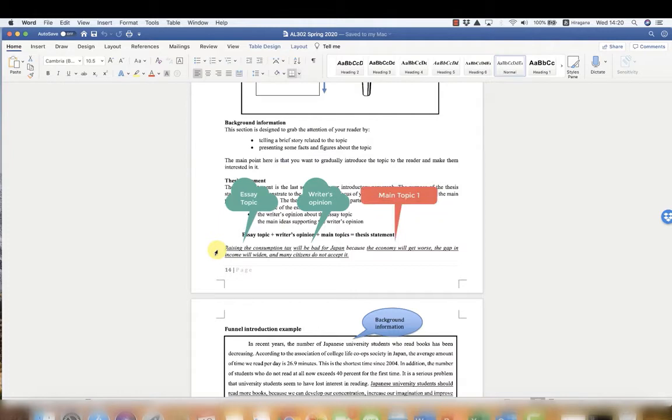And the main topics that will be talked about in the essay: number one, the economy will get worse. Number two, the gap in income will widen. And number three, many citizens do not accept it. So that's basically your thesis statement. And the thesis statement will be the most difficult part of the introduction to write.